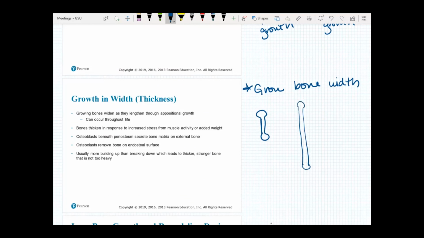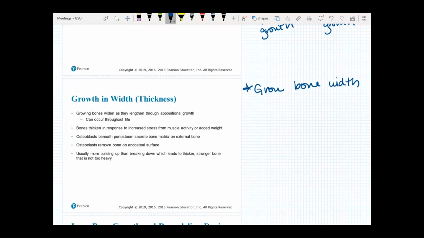That does not actually support the entire body. What you need to have is as the bone grows, the thickness of the bone actually grows as well to be able to maintain the entire trunk, body, tissues, everything to be able to protect and support.